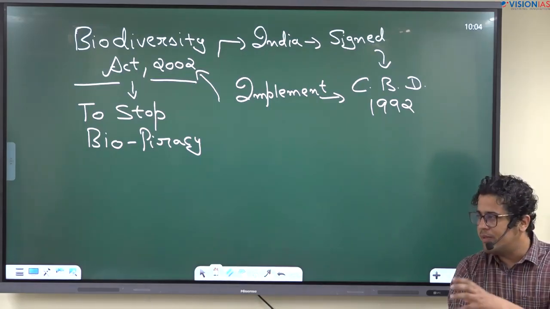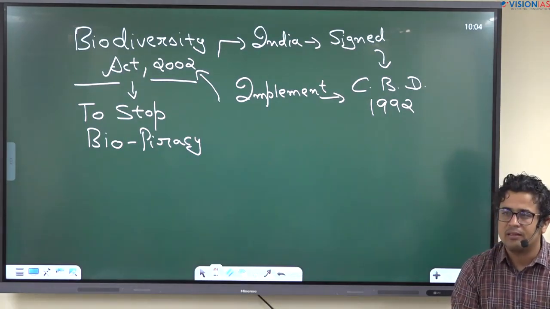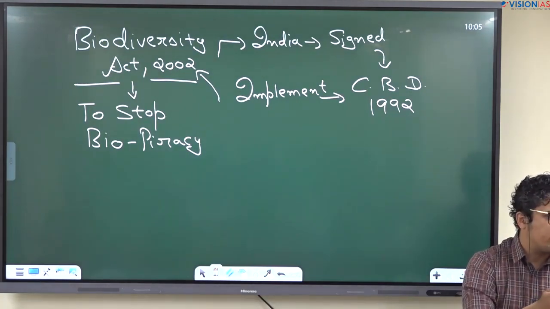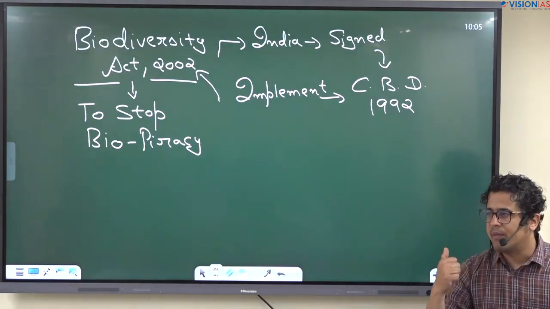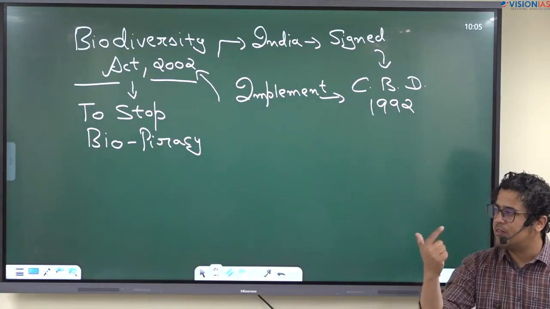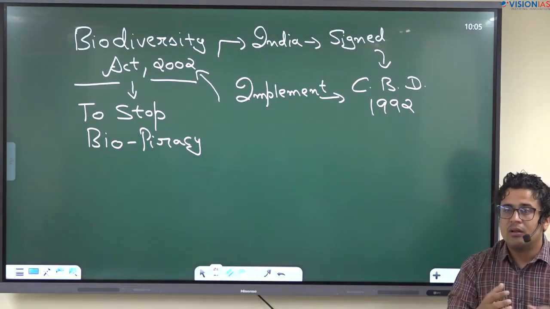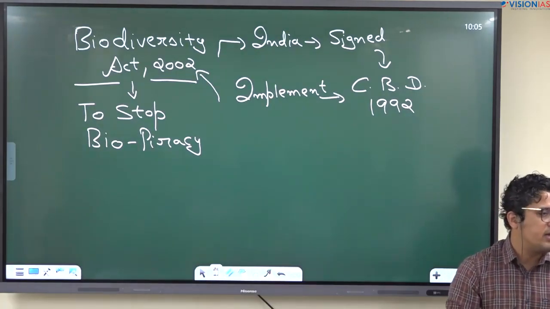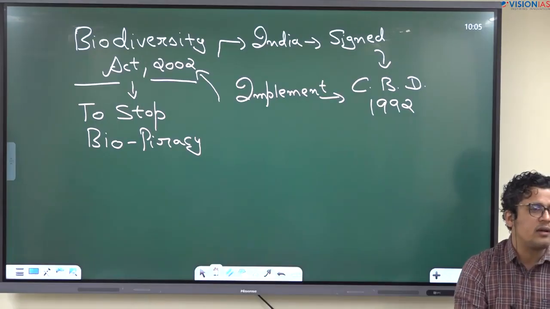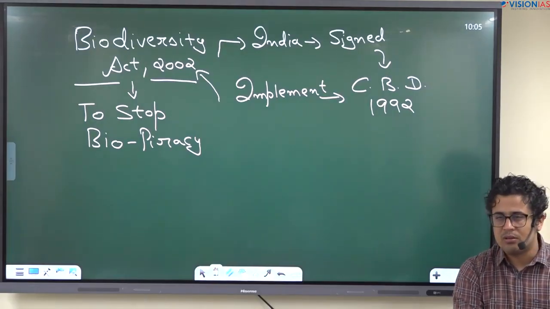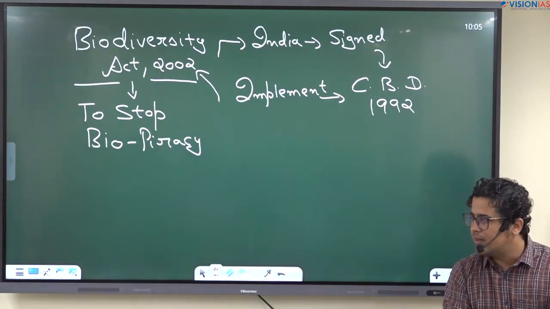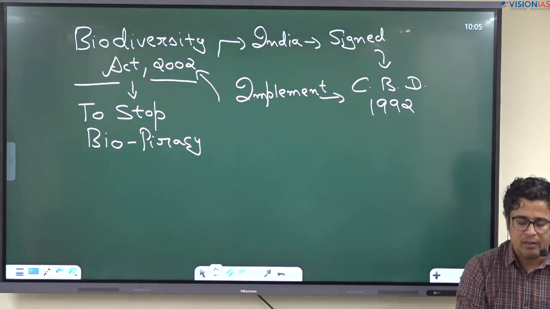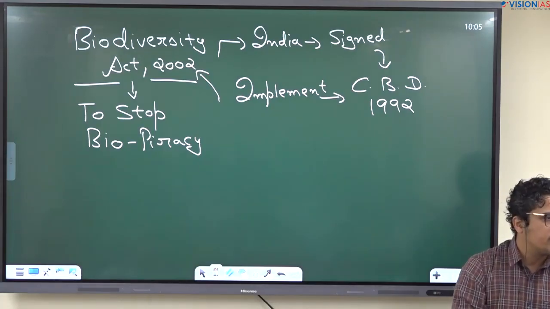If India had lost, all the rights to neem extract would have gone to that company, and you would be purchasing neem extract from it at a very high price. They tried to steal your knowledge and your idea, patent it, and earn profit out of it. But luckily India won that case.